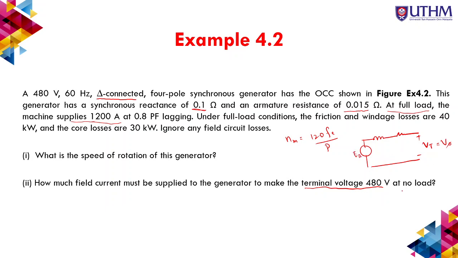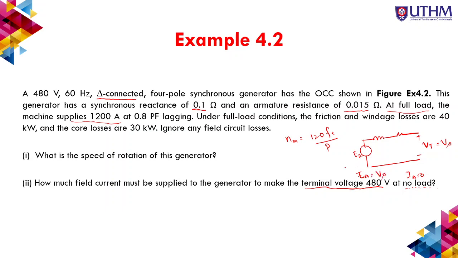Since there is no load, we can assume that there is an open circuit, or IA equal to 0. When there is no current, what we know is EA will be equal to V phase.